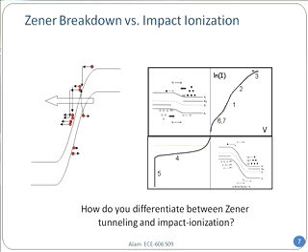Region 4, what is this? This is generation, square root of the voltage, as the depletion width is growing, the thermal generation process increases with the square root of the applied voltage. Region 5, either Zener tunneling or impact ionization, and you know the physics, how to calculate them.